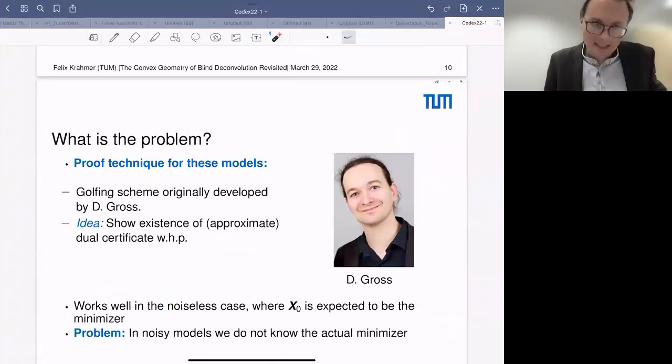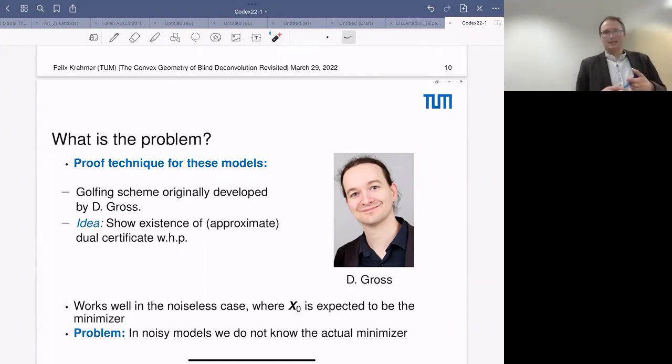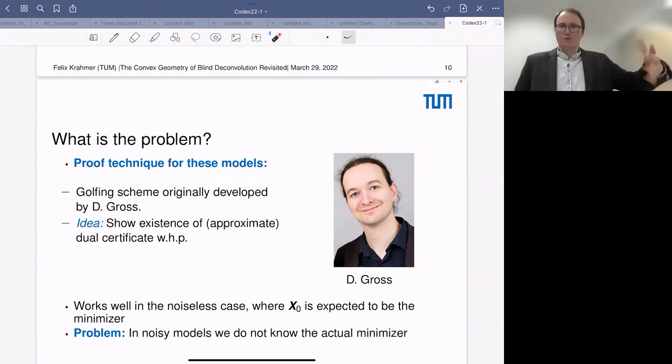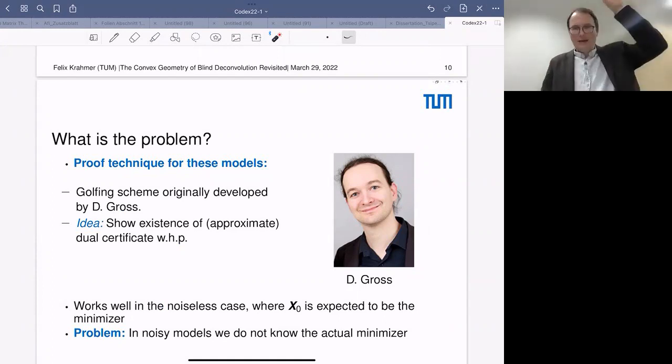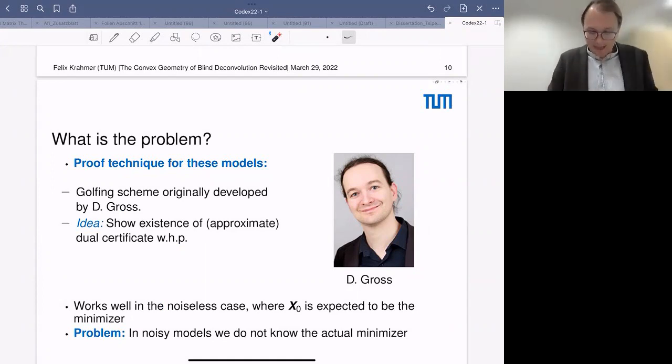It works very well in the noiseless case, where the true solution X naught is expected to be the minimizer. So having things that are pointy at these polytopes, those things can directly apply.